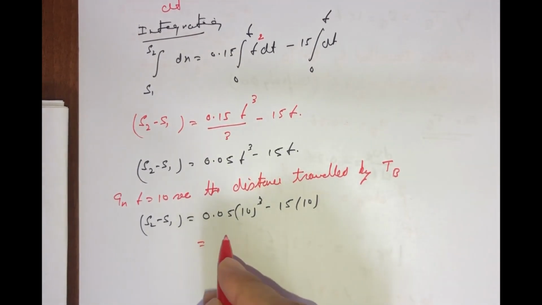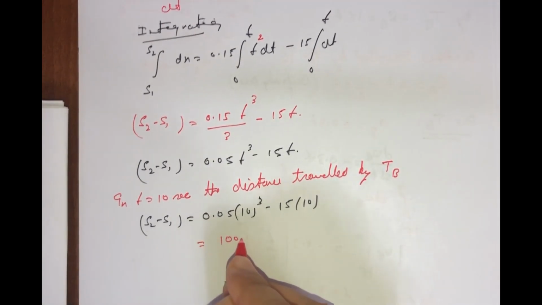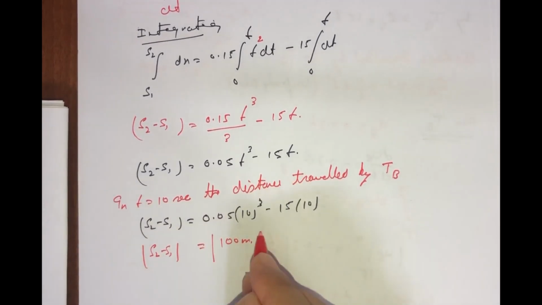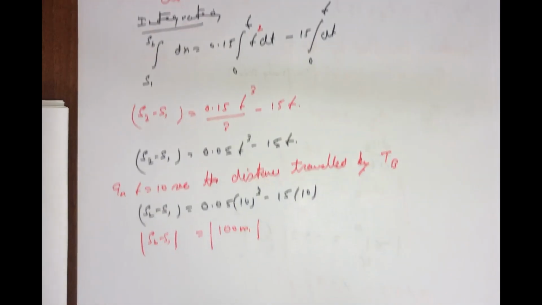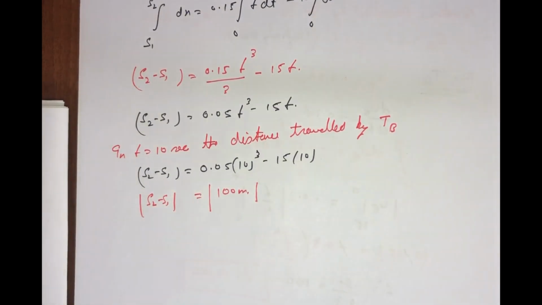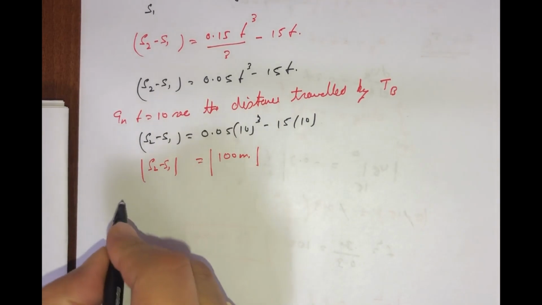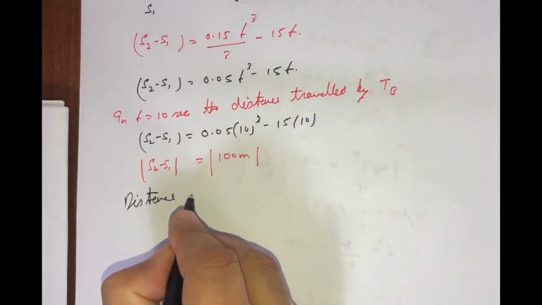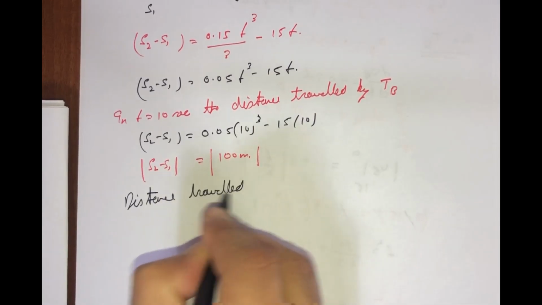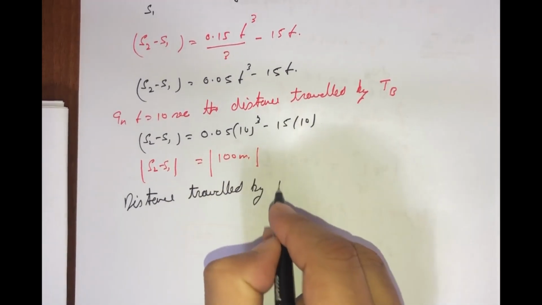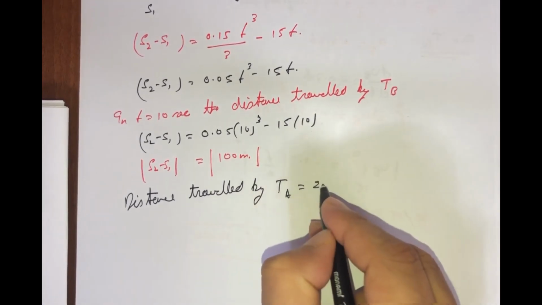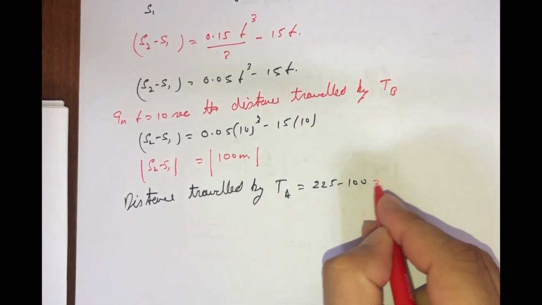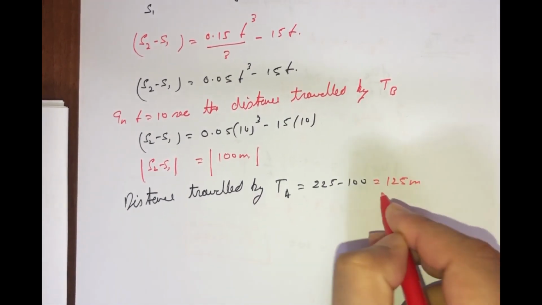So this will come as 100 meter in magnitude, not interested in direction. So the distance traveled by train A will be equal to 225 minus 100, and this will be equal to 125 meters.